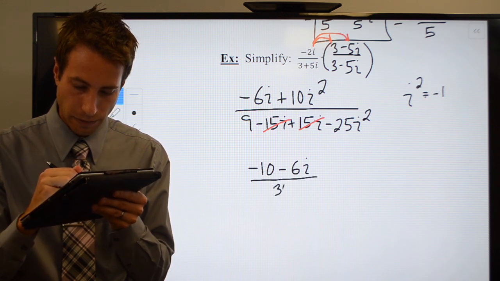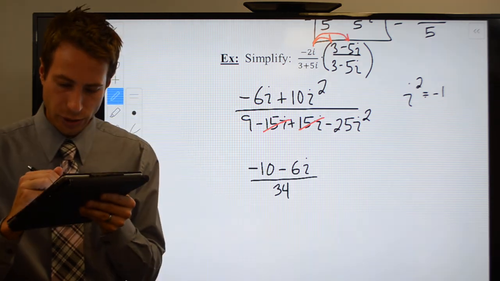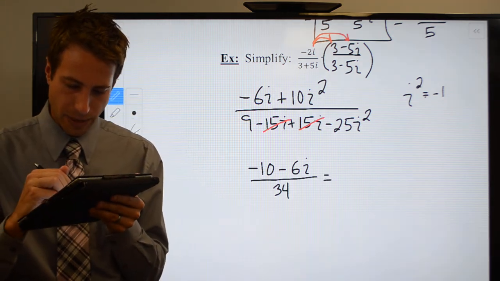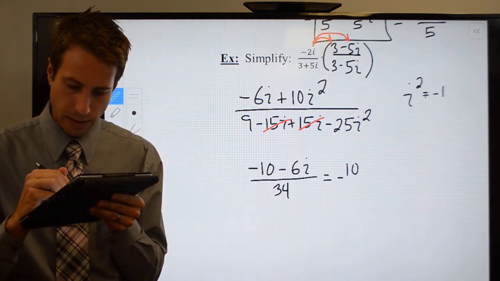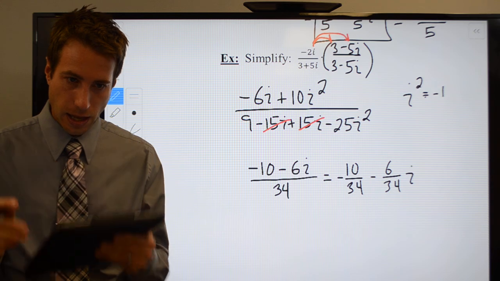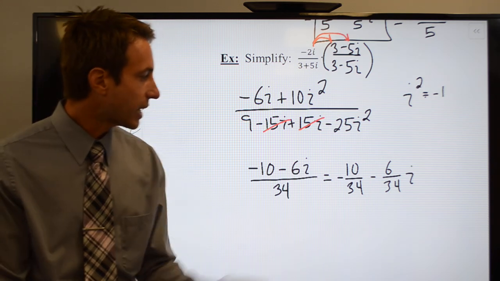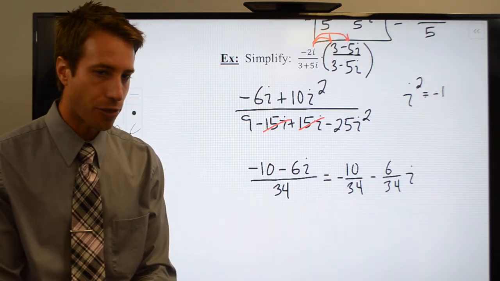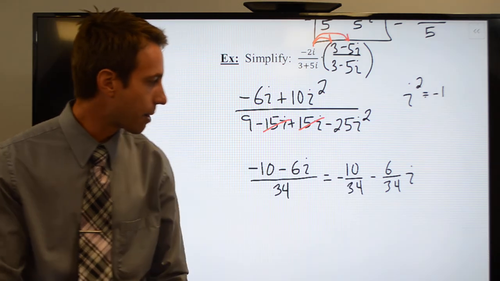Let's see if we can reduce this. I'm pretty sure we can. So we're going to wind up with minus 10 over 34 minus 6 over 34i. It looks like I can pull a 2 out of both of those, and I'm probably going to be able to pull a 2 out of both of those.